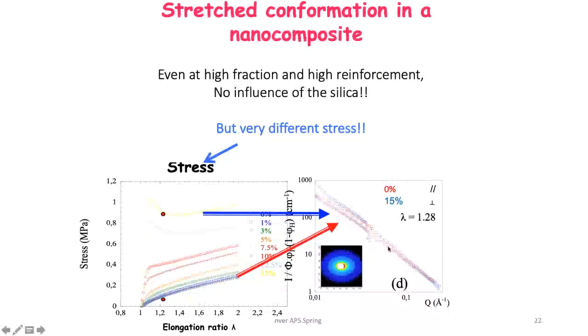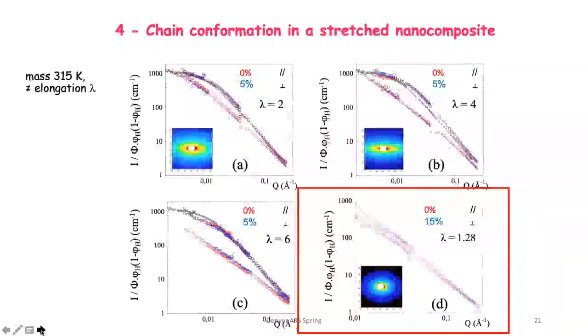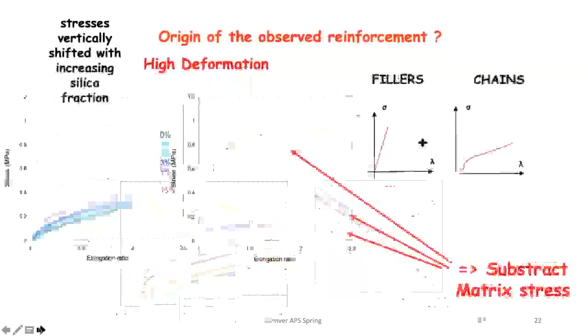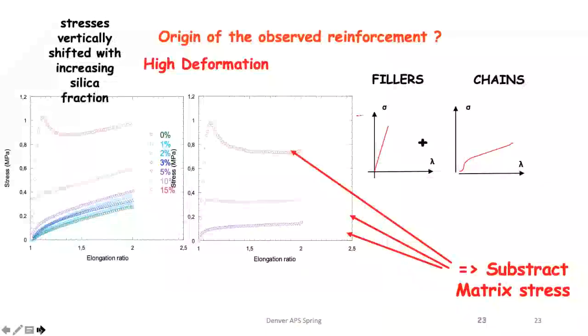And you can see that the stress is very different. Meanwhile, the scattering is very close. So it is as if when you increase the concentration of particles, you have a neat increase of the initial stress strain curve, but you don't have so much difference for the chains.